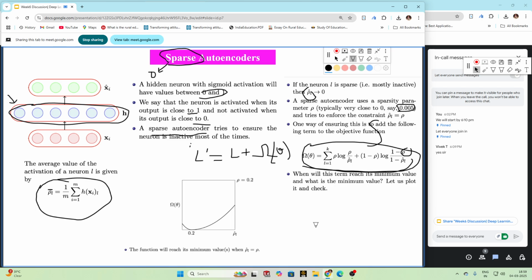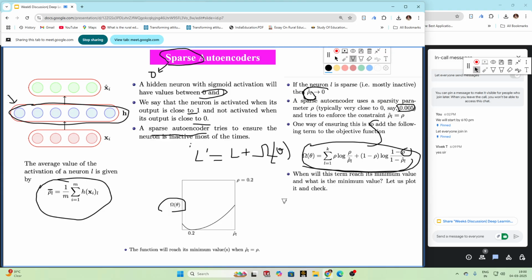Now the thing is, when will the sigma theta, or the added loss, be minimum? Our added loss will be minimum when the rho hat L that we are choosing is equal to rho L, that is, the average value of activation of the neuron of the encoding layer.